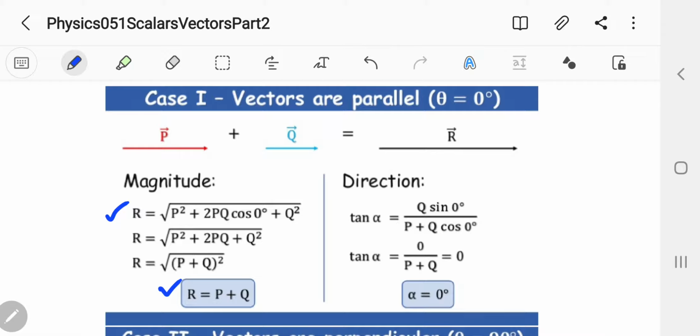How about the angle alpha? It would be q sine 0, which is 0, and 0 over anything is 0. So tangent alpha is 0, which means alpha is also 0 degrees with respect to the positive x-axis. So r is in the same direction as p and q.